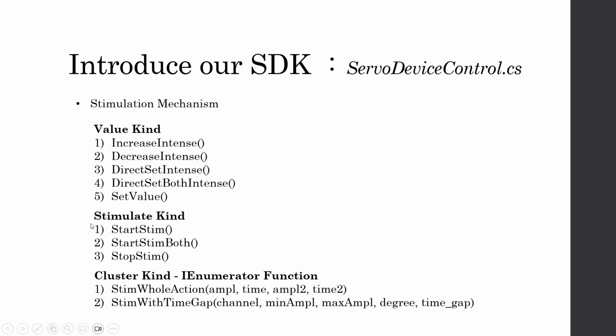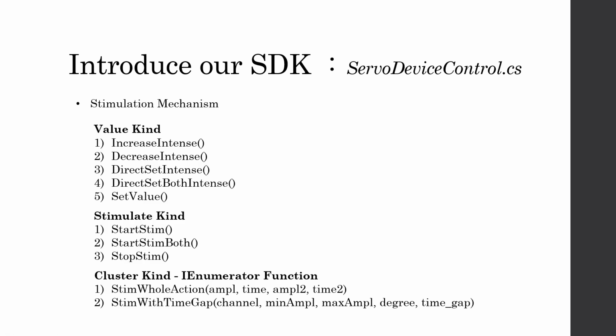Okay, the second part is the stimulate kind. We can start stimulations using the start stim functions, and this start stim function just starts one channel's stimulation. So if you want to start both stimulations you designed, you need to call the start stim both functions.